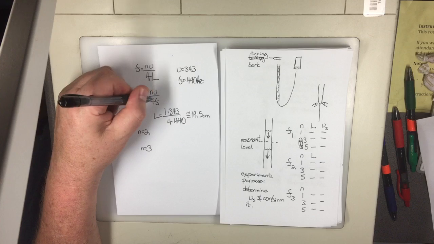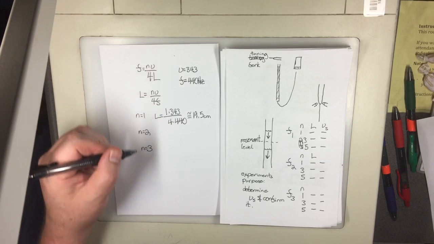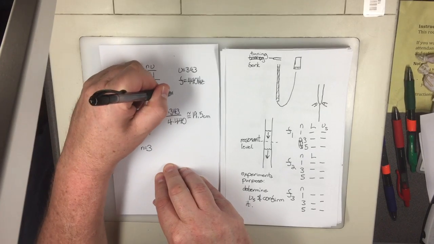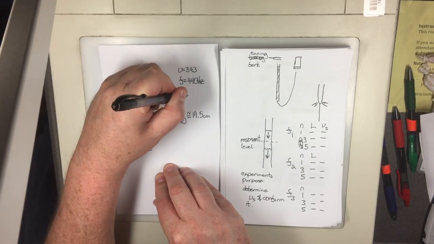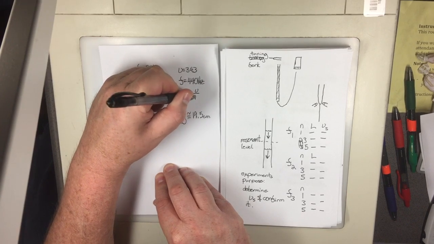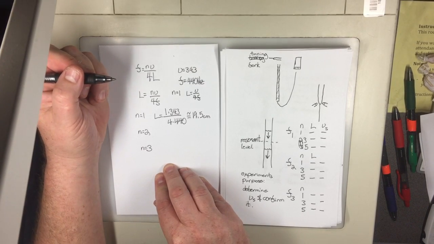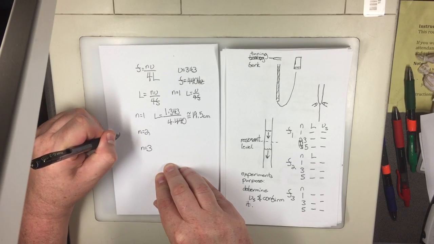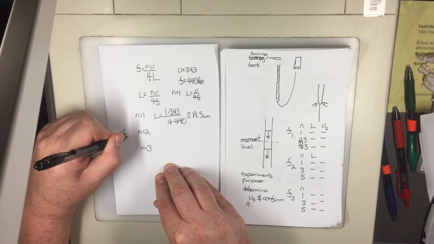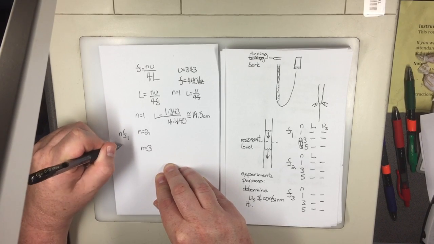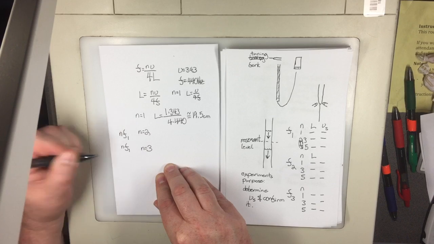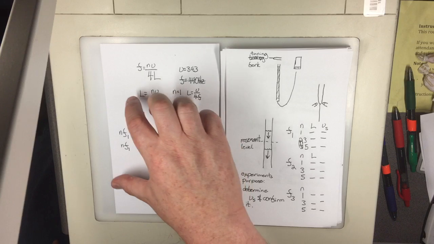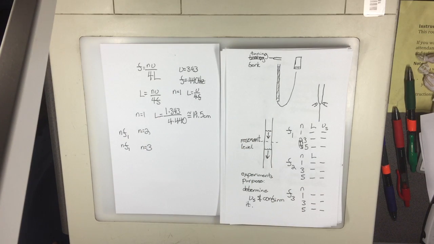One of the other things we could do is make the observation that if n equals 1, L is V over 4F. So for n equals 2, we could rewrite this in terms of F1. V over 4F is the length associated with the first frequency.